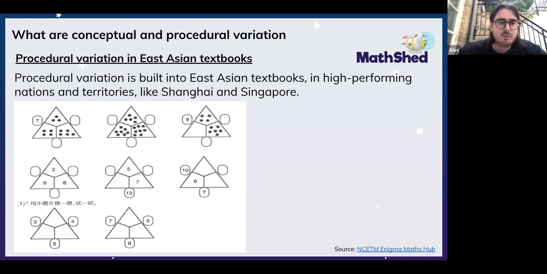People thought for a long time that there was a lot more rote learning and drilling happening in East Asian schools, when in fact the variation that they have, procedural and conceptual, built into their textbooks and lessons and how their specialist teachers teach, meant that it was all intelligent practice. So it was reasoning and problem solving hidden in plain sight, let's say.